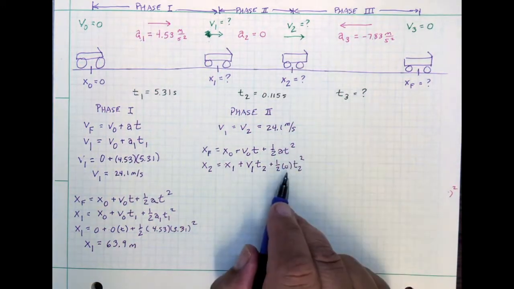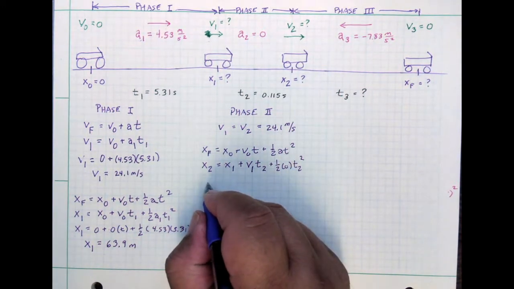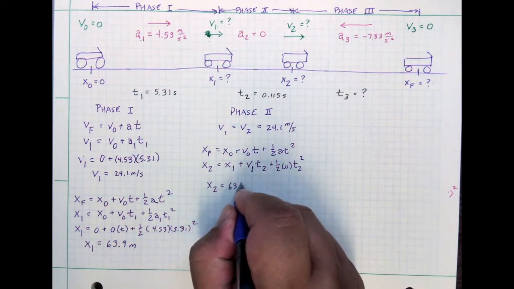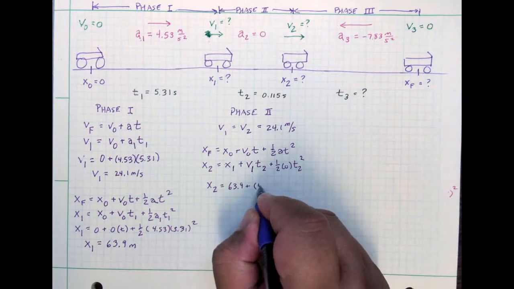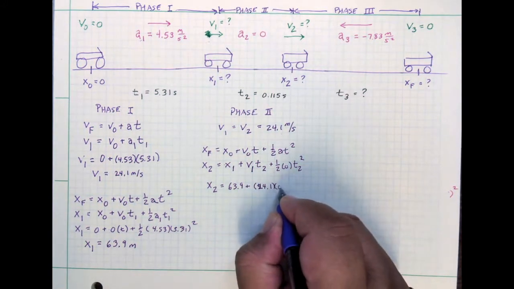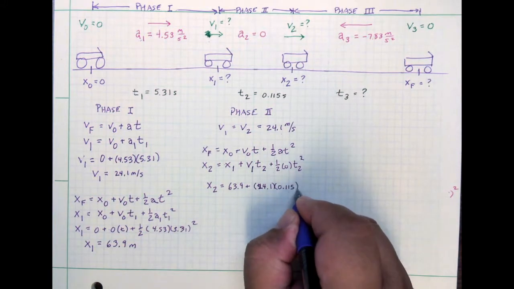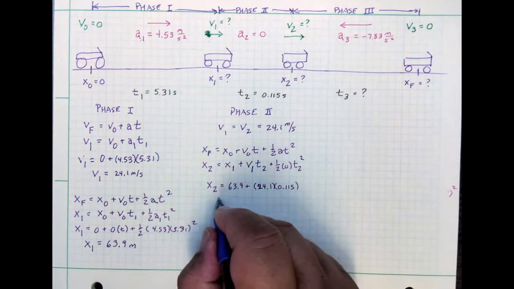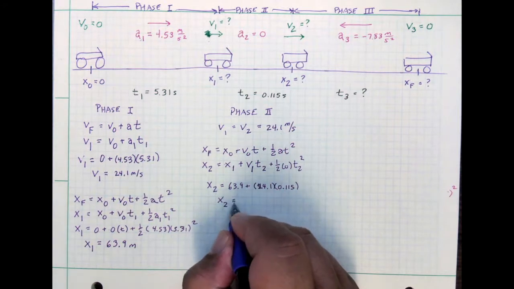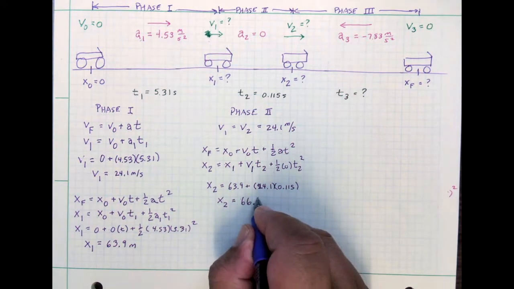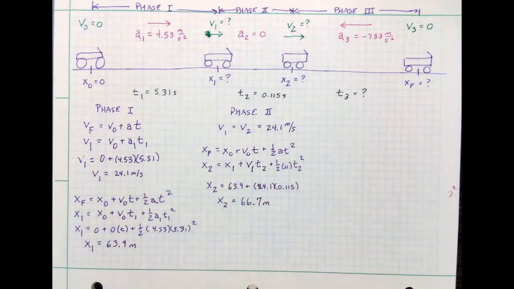Well, that then eliminates this final term, and we are left with x2 is 63.9 plus 24.1 times the reaction time, 0.115 seconds. This gives us a final position of 66.7 meters.